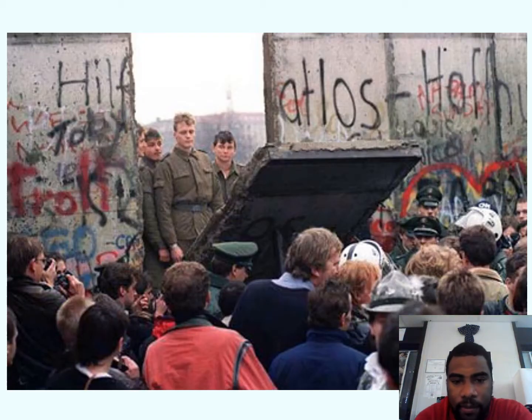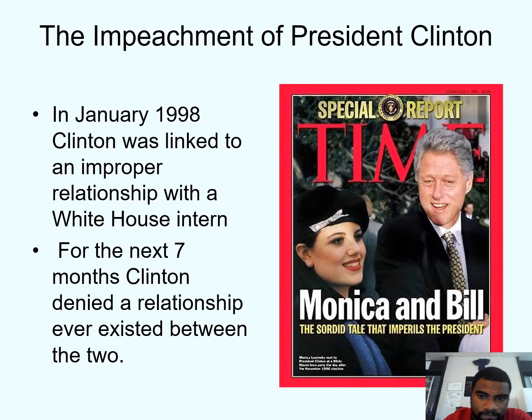All right, here's a picture of the Berlin Wall as it was torn down. All right, the impeachment of President Clinton. In January 1998, Clinton was linked to an improper relationship with a White House intern.